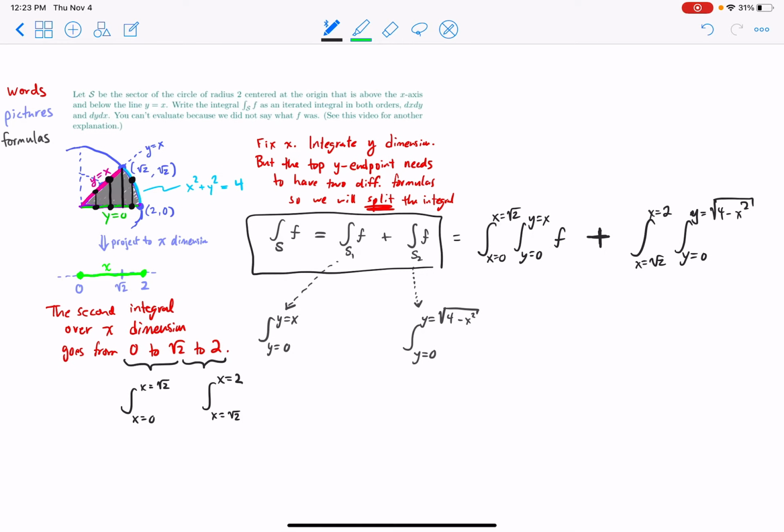So really try to understand how I split this region into pieces. One piece lies above this portion of x, and it's a triangle. The top is pink for this piece.